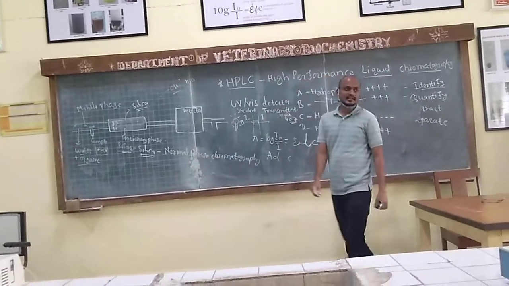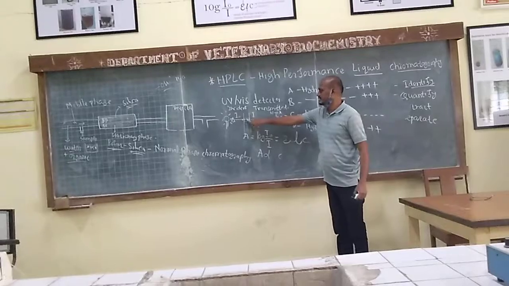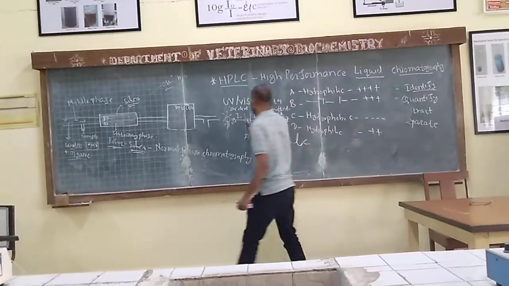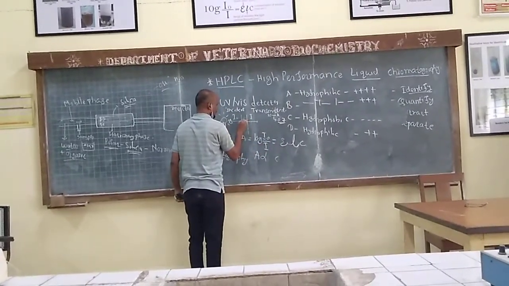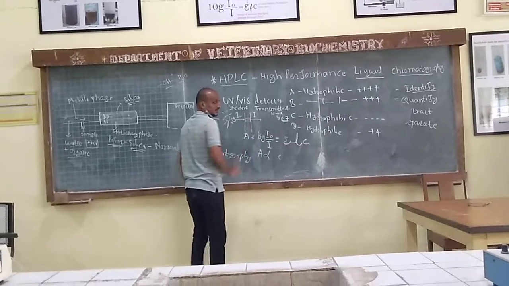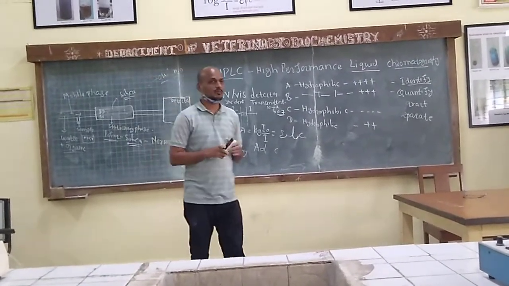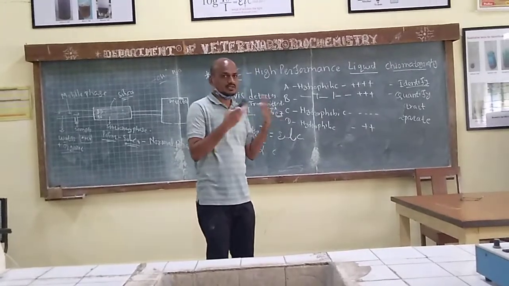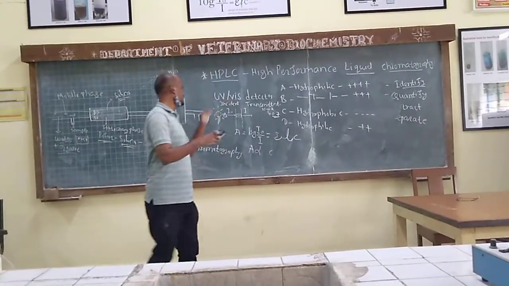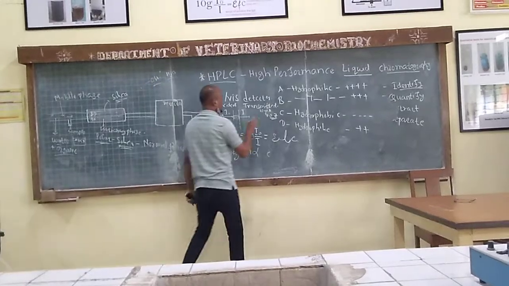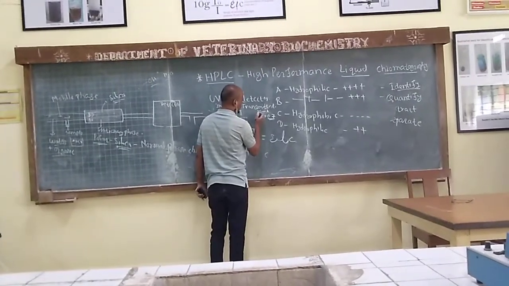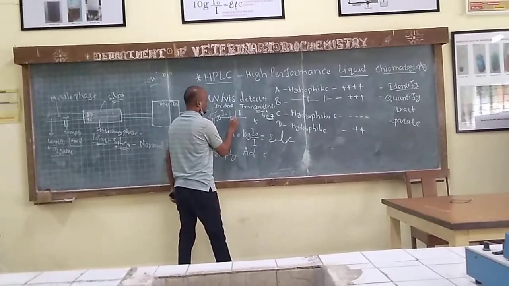Okay, 10 molecules are there in this chamber, 1, 2, 3, 4, 5, 6, 7, 8, 9, 10. Now what will happen if, instead of 10 molecules, there are 15 molecules?